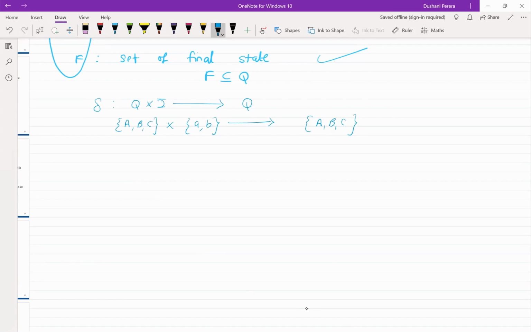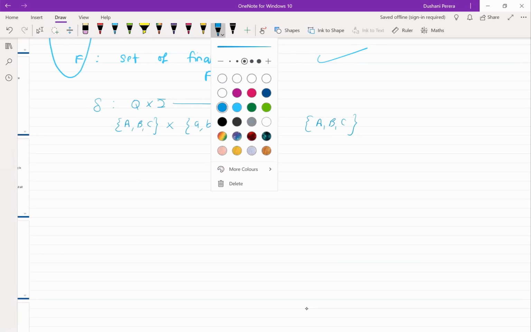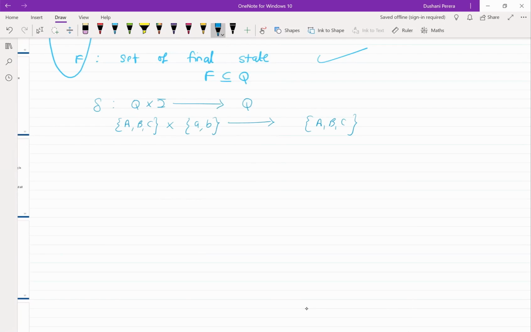If you remember last week we did this Cartesian product. What do we get from the Cartesian product of these two? We will have pairs: AA, AB, BA, BB, CA, CB.